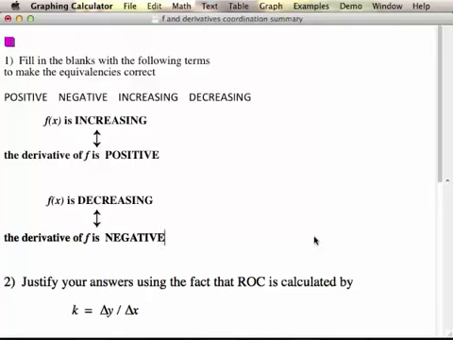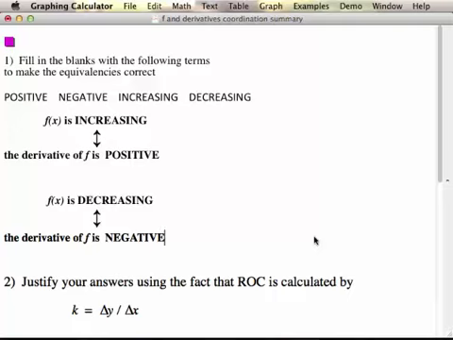Then what? r of x is just a function, like any other function now. And if r of x is decreasing, then what can you conclude? The derivative of r is negative, right? So if r of x is decreasing, then its derivative must be negative.